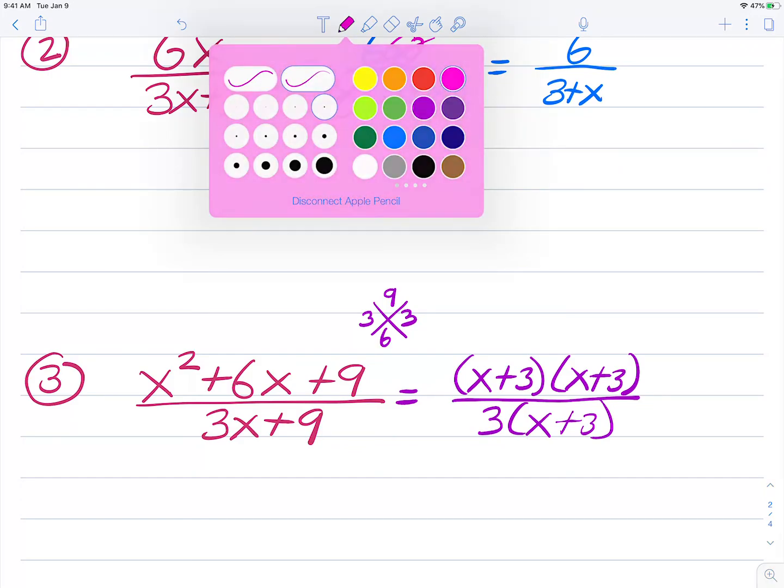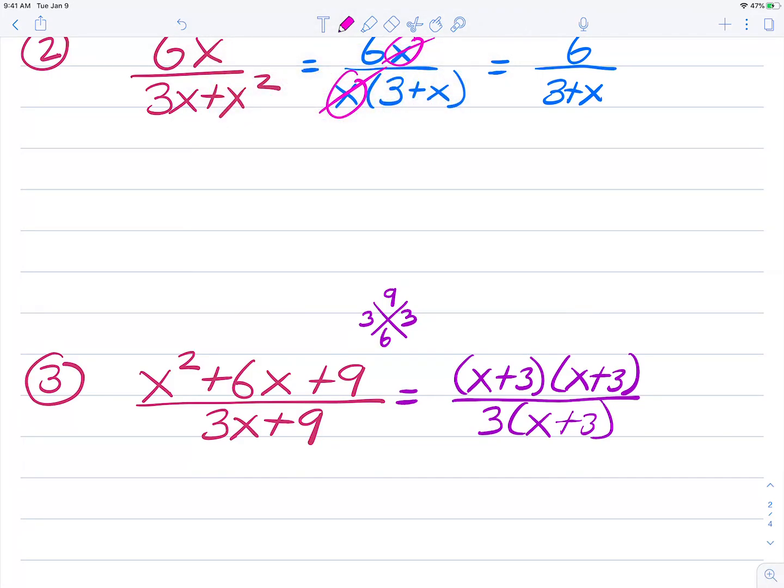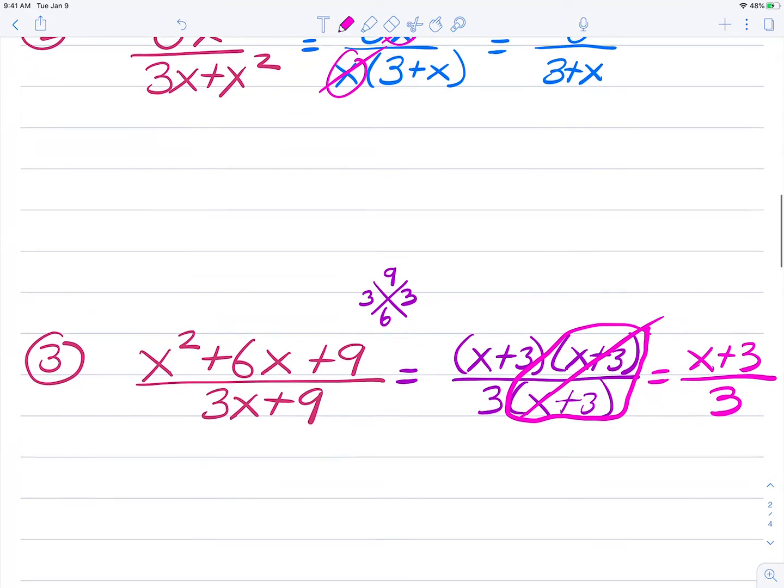Now if I look at what I have, matching binomials. These two go to the anything divided by itself is 1, so it is gone. What's remaining is a binomial of x plus 3 in the numerator and a monomial of 3 in the denominator. And that is as far as you can go for that problem.